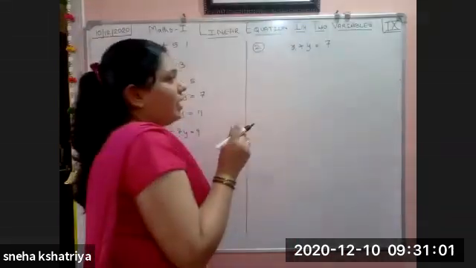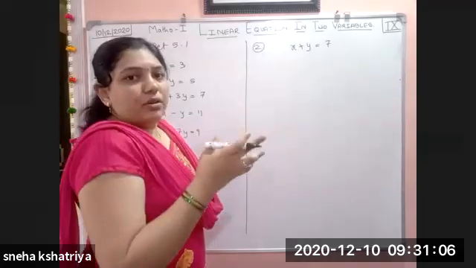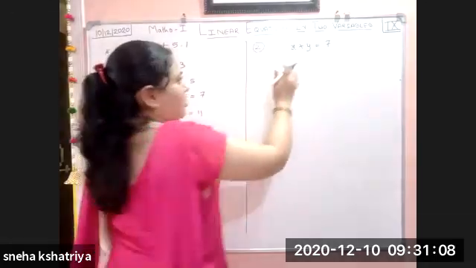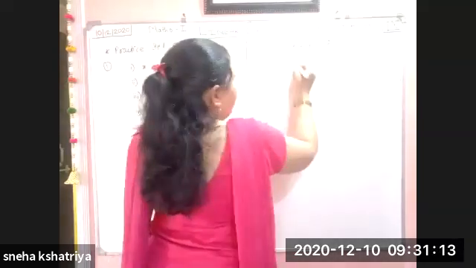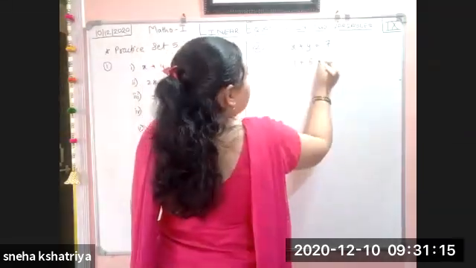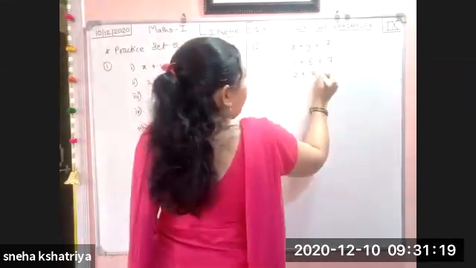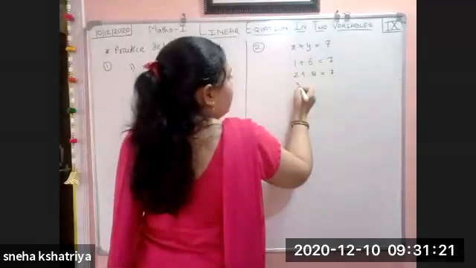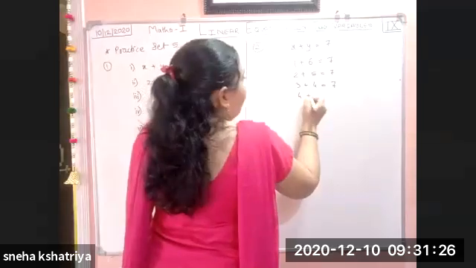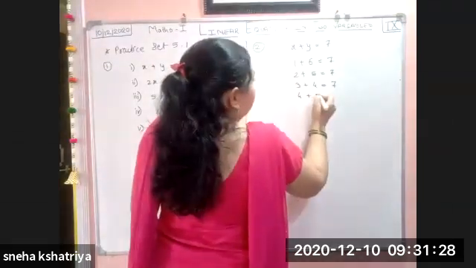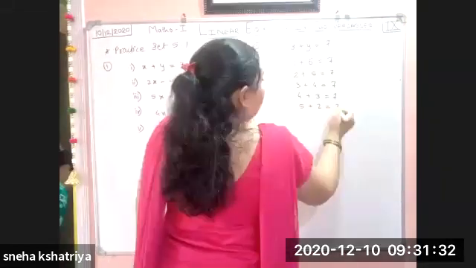Now see here, we cannot take 0 plus 7. I've told you that A and B are non-zero. So that's why here you can't take 0 plus 7 is equal to 7. You have to take it accordingly. 1 plus 6 is equal to 7. 2 plus 5 is equal to 7. 3 plus 4 is equal to 7. 4 plus 3 is equal to 7. 5 plus 2 is equal to 7.